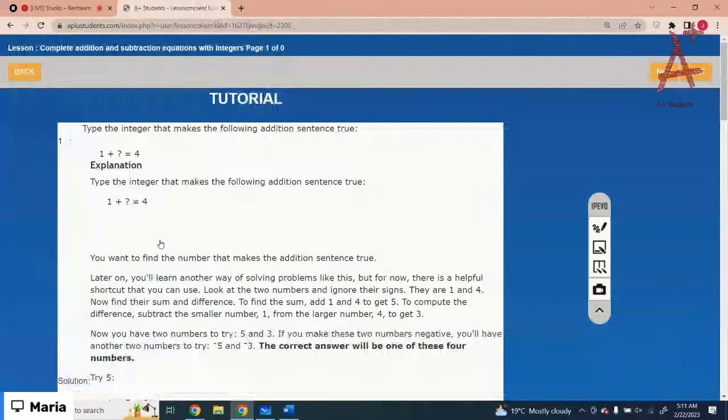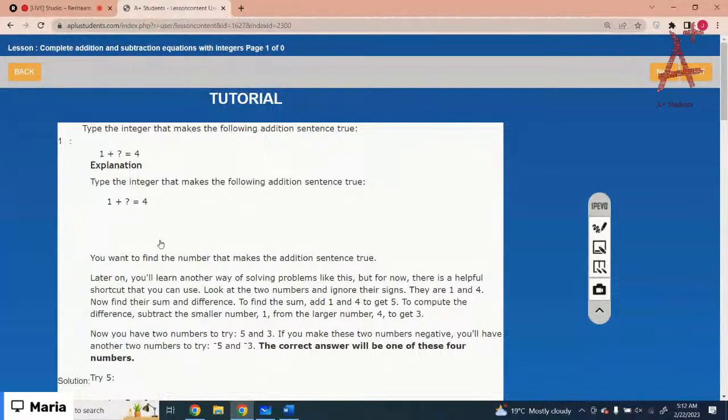Type the integer that makes the following sentence true. So you have to find 1 plus the missing number equals 4. You want to find a number that makes the addition sentence true. Later on, you will learn another way of solving problems like this, but for now, this is a helpful shortcut that you can use. Look at the two numbers and ignore their signs.